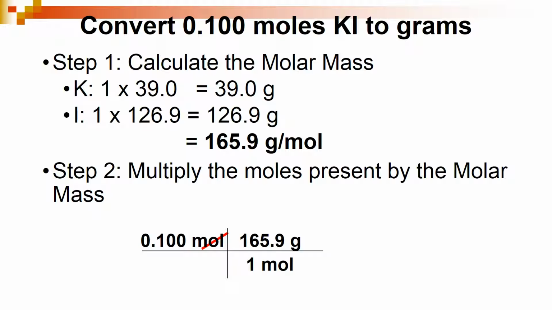This allows us to cancel out our like units, moles divided by moles. So, if we multiply 0.100 times 165.9, that tells us that 16.6 grams of potassium iodide is equal to 0.100 moles of potassium iodide. And please take a few moments to finish copying information from this slide.